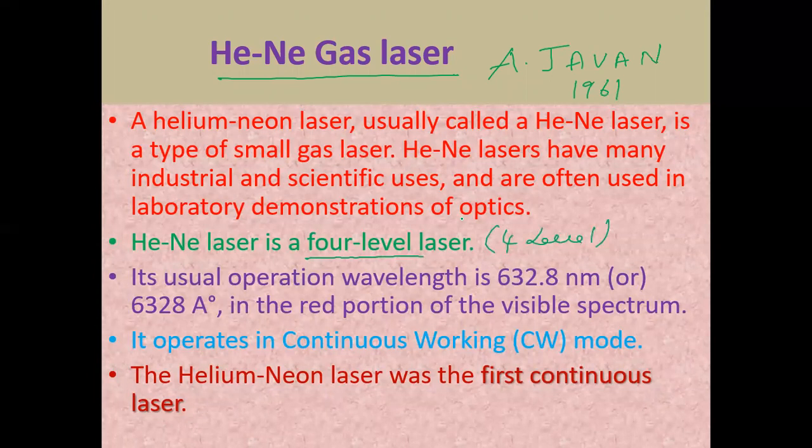The output wavelength in the helium neon laser is 632.8 nanometers or 6328 angstroms. The main advantage of the helium neon gas laser is that it produces a continuous laser beam at the output.